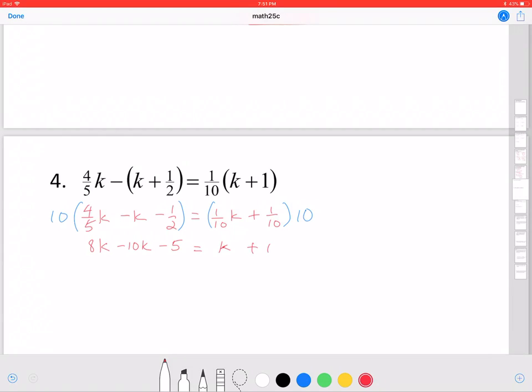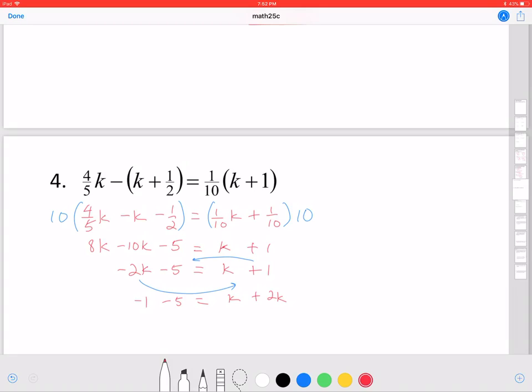Okay, no fractions. Let me clean up the left-hand side. Negative 2k minus 5 is equal to k plus 1. And I'm going to move the k's to the right-hand side. I move the 1 over, and that will give me negative 1 minus 5 is equal to k plus 2k.